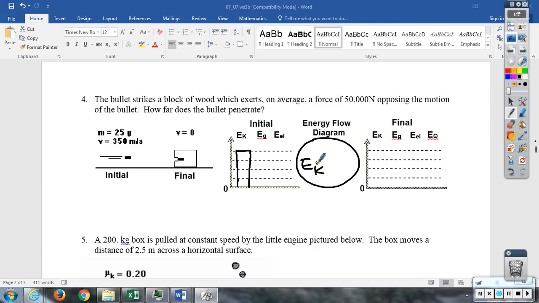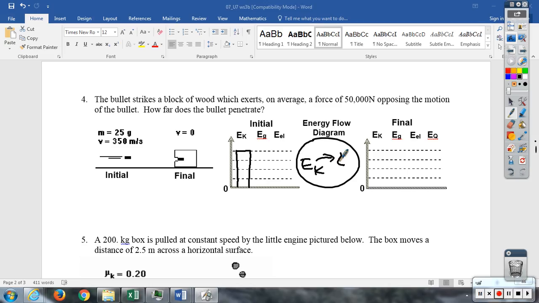Now, when it hits, the block doesn't store the energy. It's not like hitting a trampoline where the bullet can bounce back the other way. The bullet lodges itself inside of the block and then comes to rest.